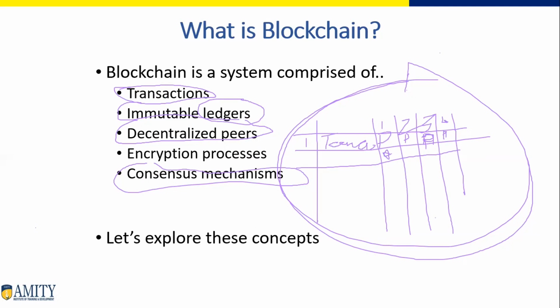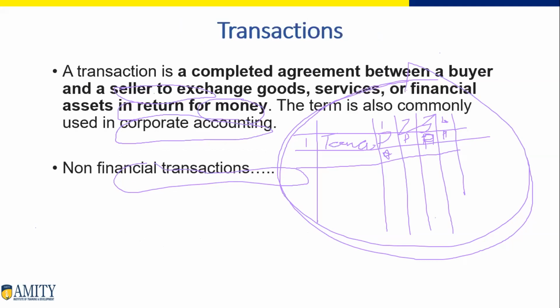It helps the encryption process to encrypt the data so that nobody can tamper with it, and it is based on the consensus mechanism, right? Any doubt in blockchain as a technology? Anyone?